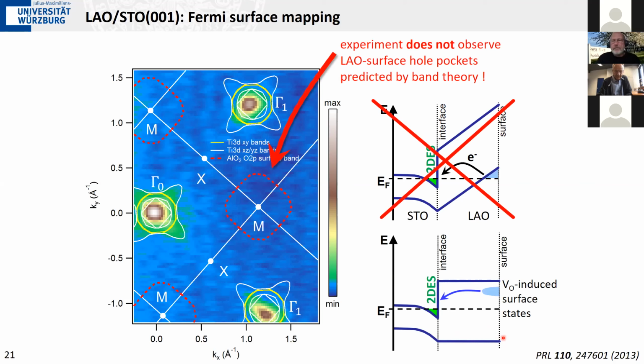Fermi energy. Then, of course, one can ask the question: if that band never crosses the Fermi level, where do these electrons come from that populate the strontium titanate potential trough? There are some arguments, and I don't have time to go into details, and also some calculations for off-stoichiometric LAO-STO, that oxygen vacancies at the surface of the LAO could be responsible, and it turns out that the energy for formation of such vacancies is the lowest at the LAO surface.